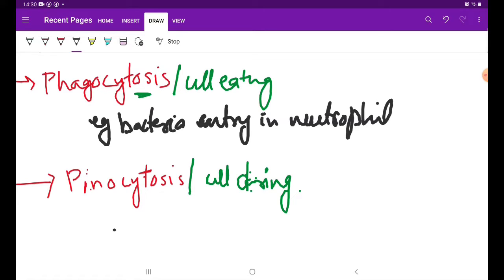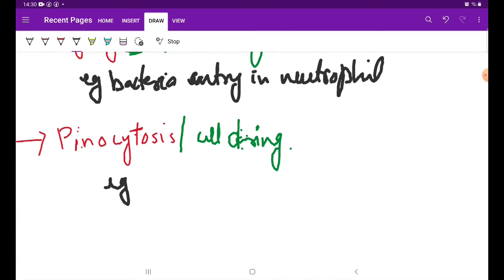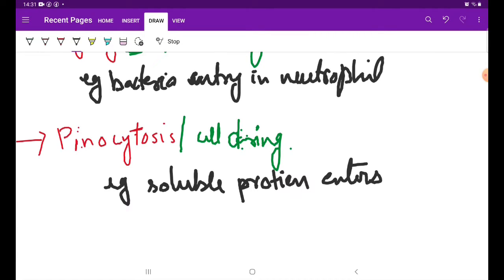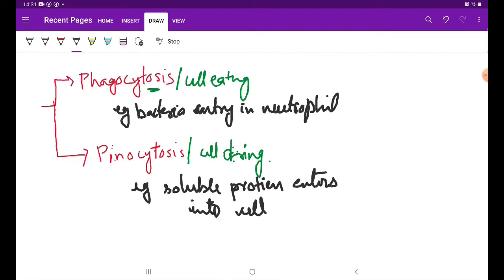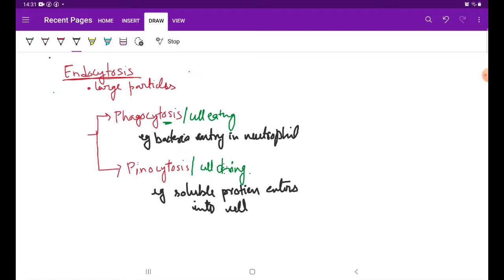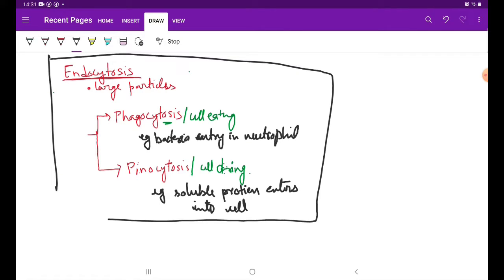And in pinocytosis, or cell drinking, you can think about an example of soluble proteins that enter into the cell. So we discussed endocytosis.